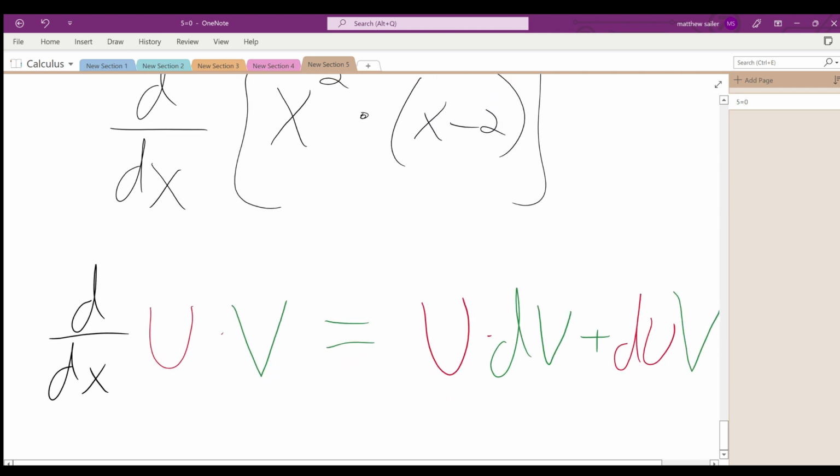And in our case up here, we have v equals x minus 2, and we have u equals x squared.